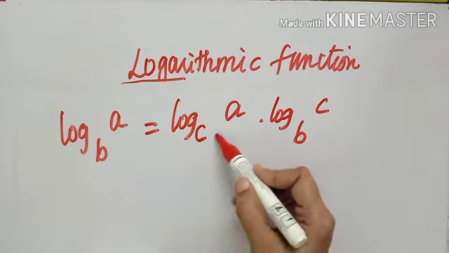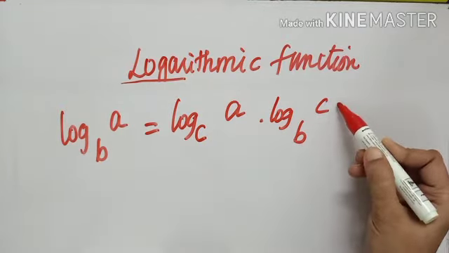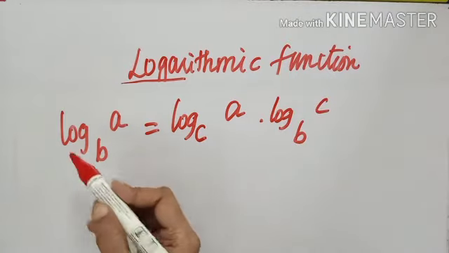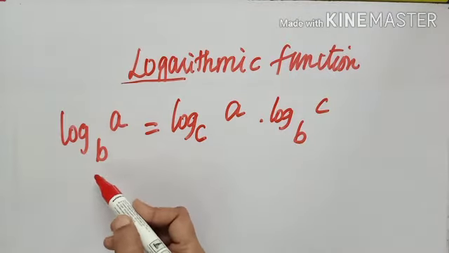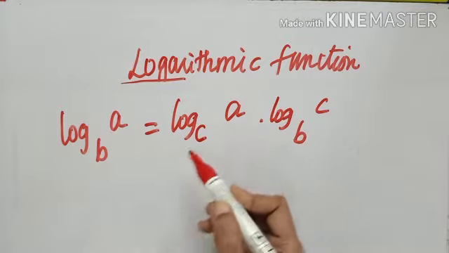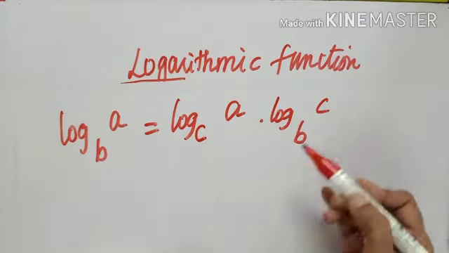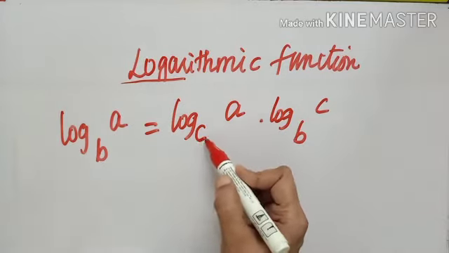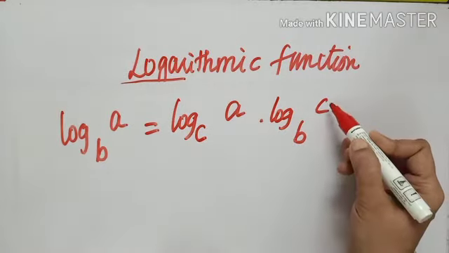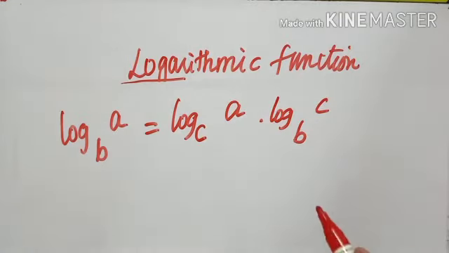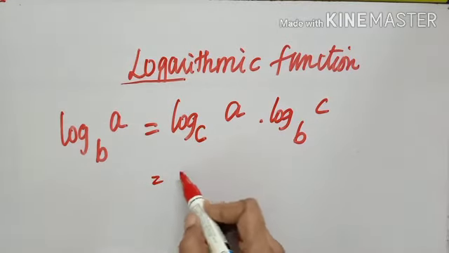Ultimately, I can remember the c, and c will get cancelled. I am left with log a base b. If needed, change to some other base. So, you have to rewrite it like this. If I put c here, naturally I have to put c here and with the base b. This we call the change of base rule.